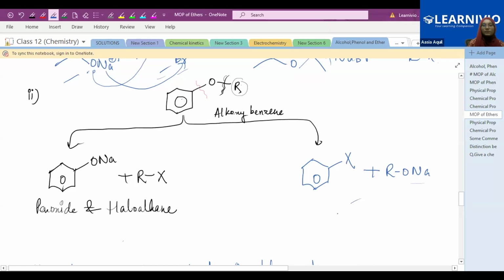Yes. Okay, so according to Aisha, this one is correct. Anyone? Just think about it. It's very clear. It depends on the cleavage of the bond. Just analyze it. Is it possible for haloarenes to do the substitution reaction?